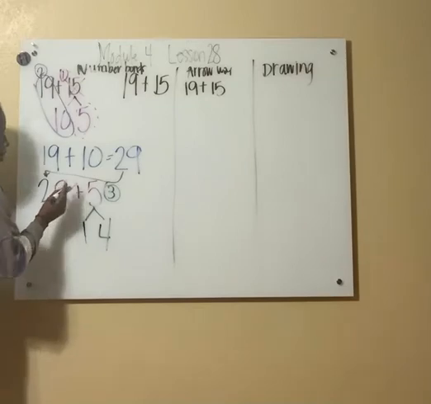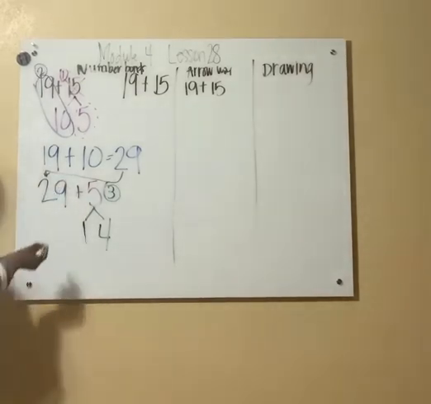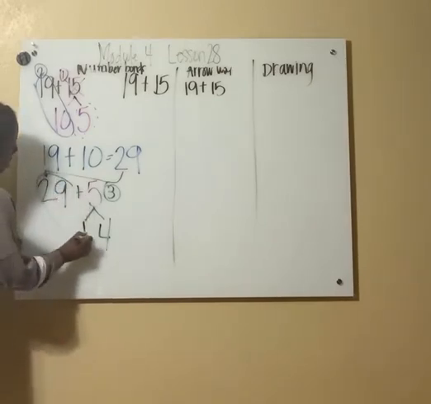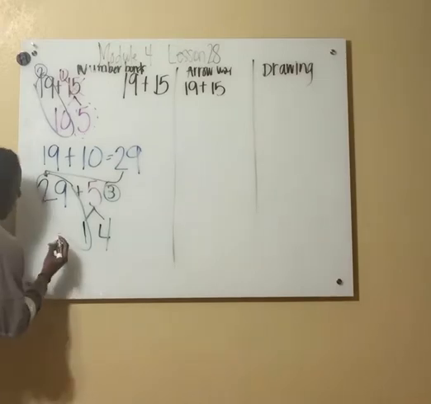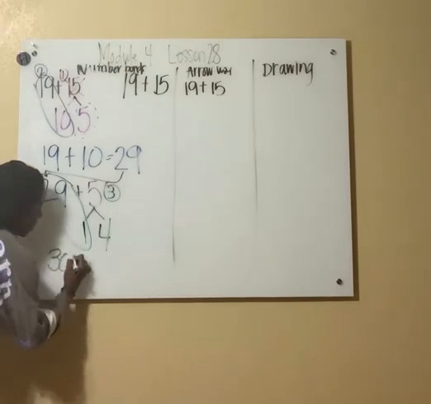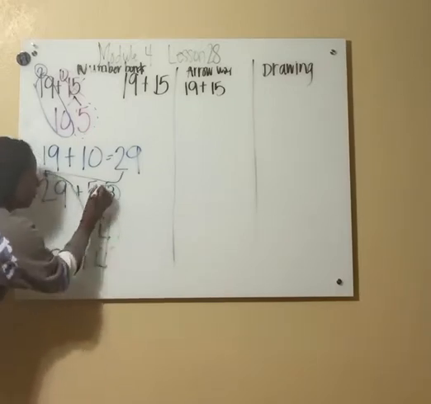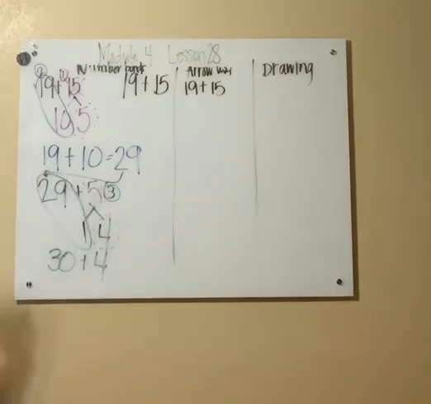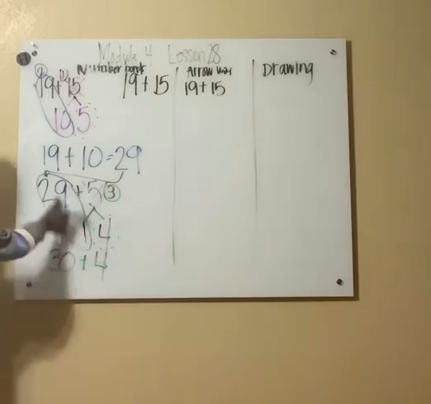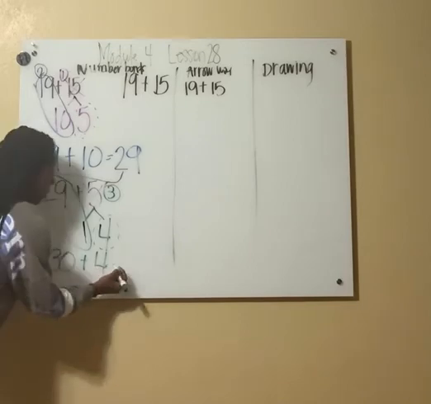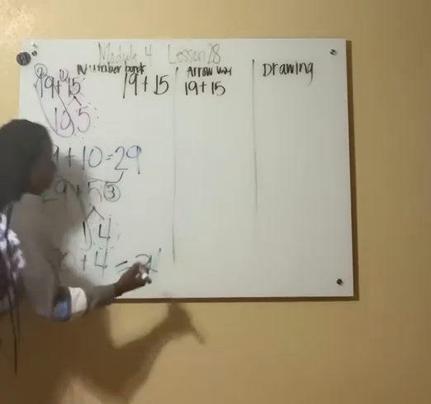So now 29 and 1 make 30. So now you have 30 plus whatever you got left, because you remember you killed your 5, you took it apart, you sliced it and diced it into 1 and 4. You only have 4 left. So 30 plus 4 equals 34.